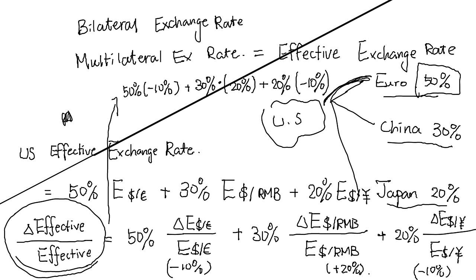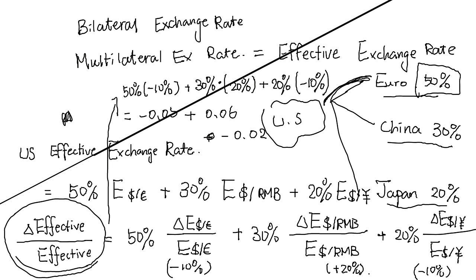So this will be the change in percentage of the US effective exchange rate. So this will be 0.05 plus 0.06 plus minus 0.02.